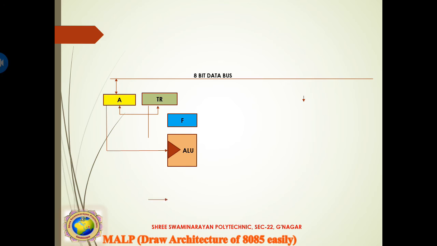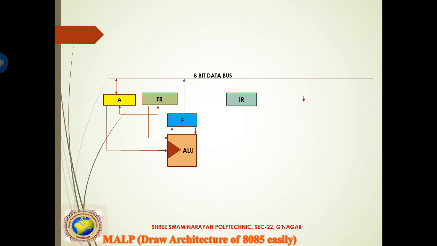Then the temporary register is connected to the ALU. Then the ALU is connected to the flag register. These are all unidirectional. Then the flag register is connected to the 8-bit data bus, unidirectional, and the flag is returned to the ALU. So this portion is connected like that.